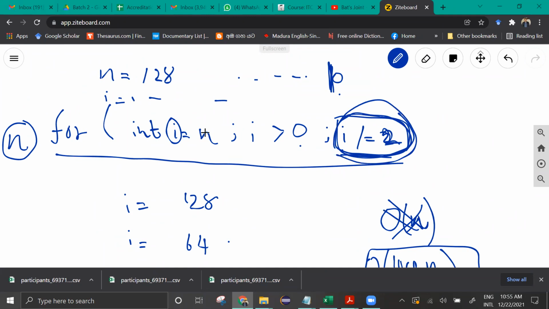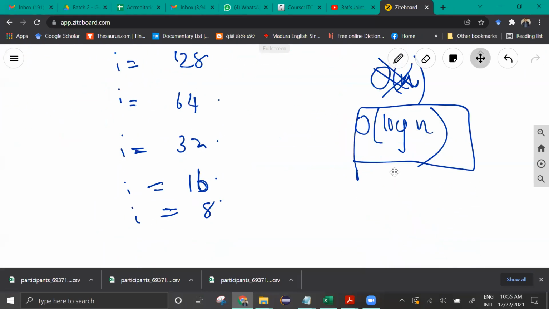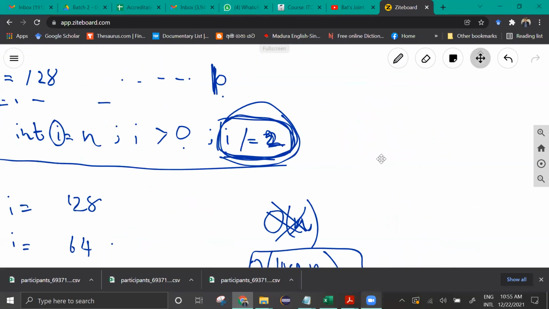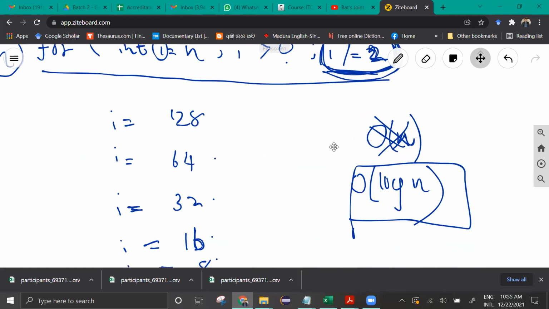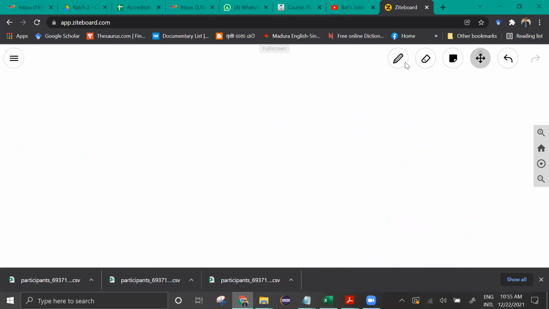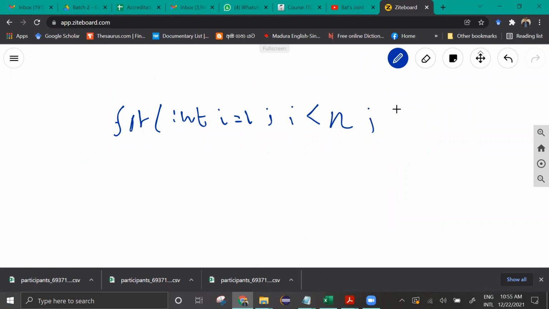Suppose for int I is 1, I goes up to n, and I is multiplied by 2.